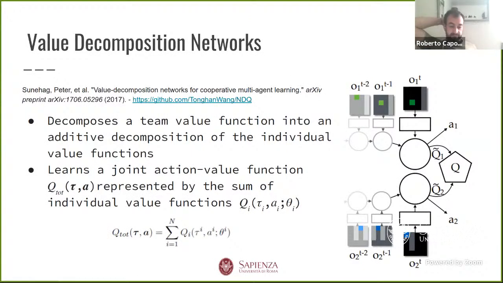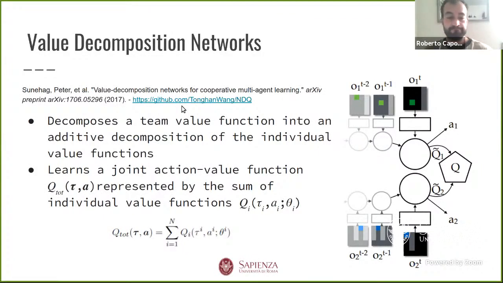Finally, on this set of papers that we are seeing under the cooperative setting, we have this other paper, which I think is very interesting, which is the value decomposition networks, which has an implementation at the same link that I shared before. And again, it's not an official implementation.